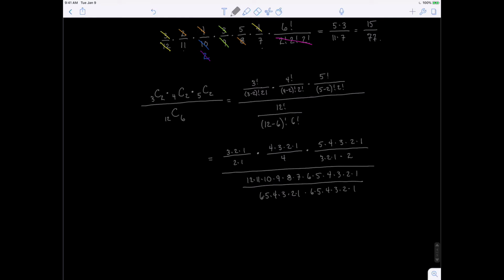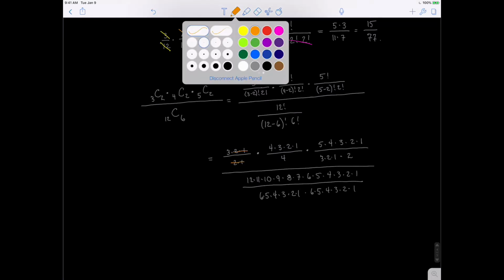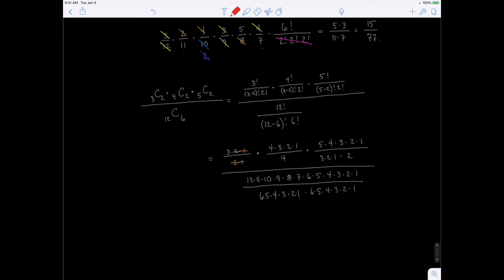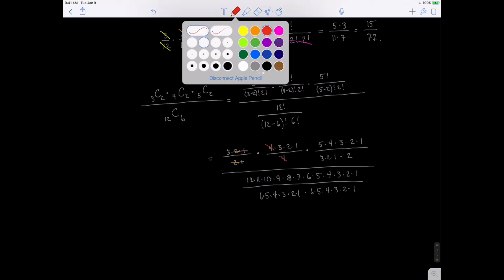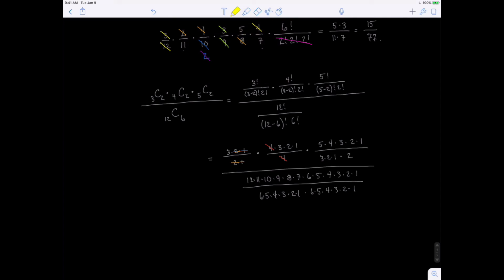All right, let's make some cancellations here. In my first fraction, I have a 2 times 1 and a 2 times 1, and here I have a 4 and a 4. Let's look at our next fraction. Here I have a 3, 2, 1 and a 3, 2, 1.